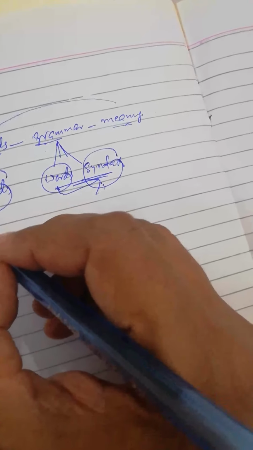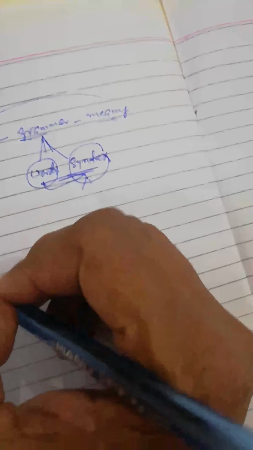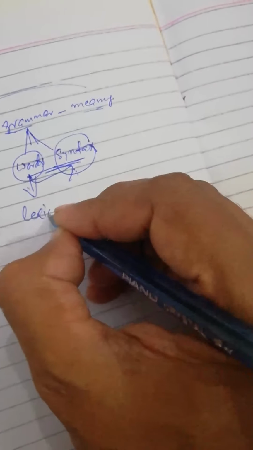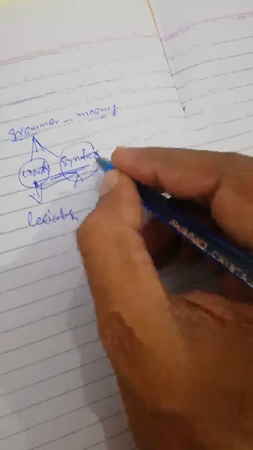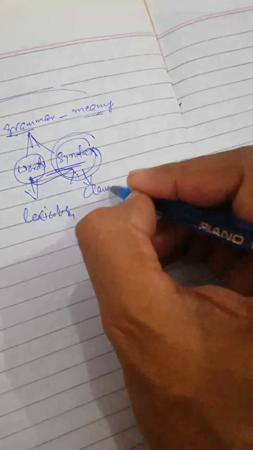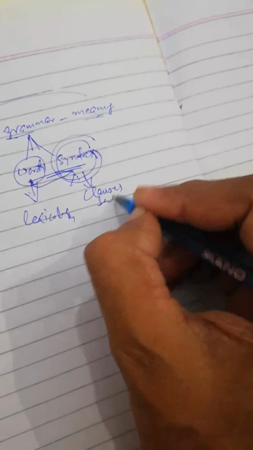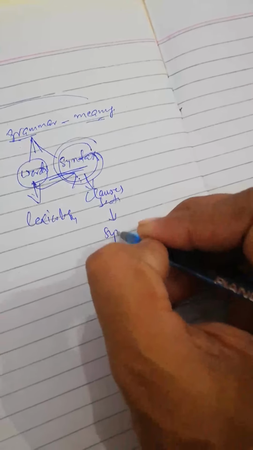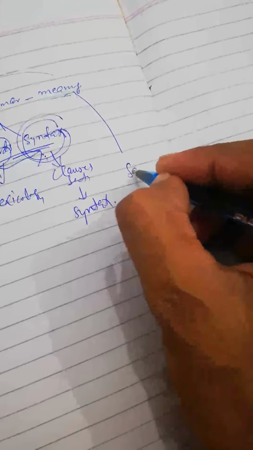The study of sounds is called phonetics and phonology, and the study of words is called lexicology. The study of sentences or clauses is known as syntax, and the study of meaning is known as semantics.